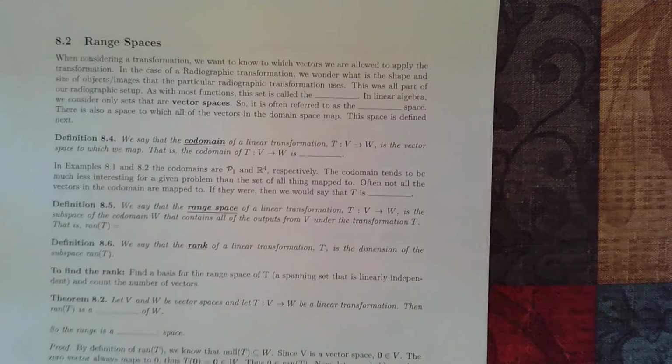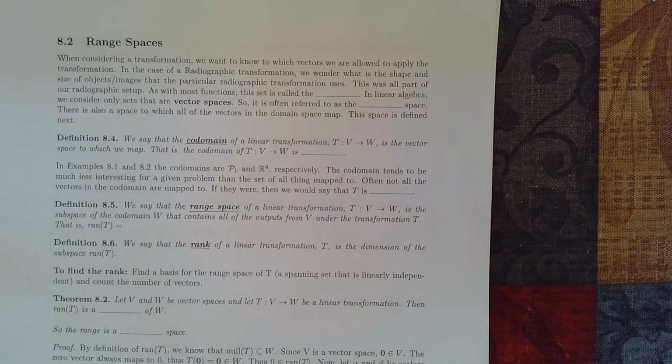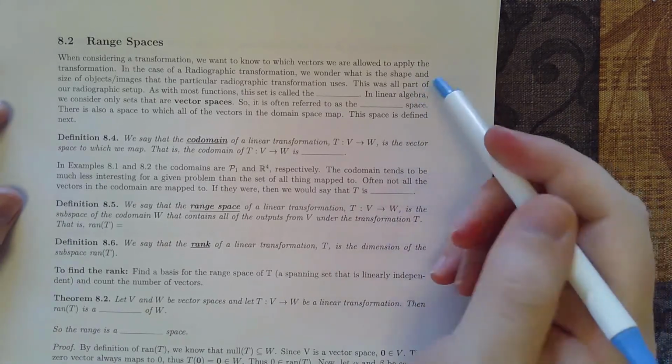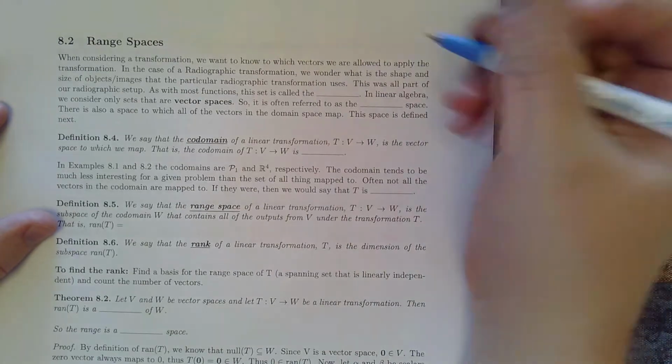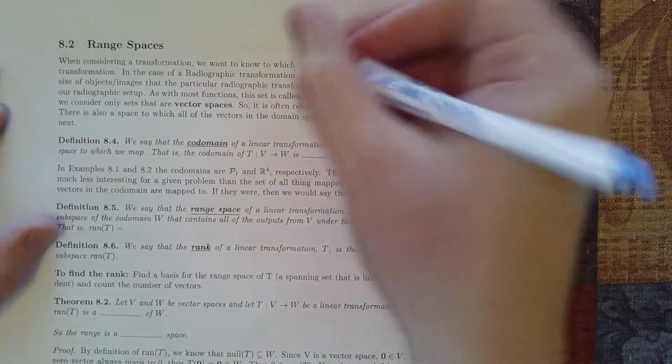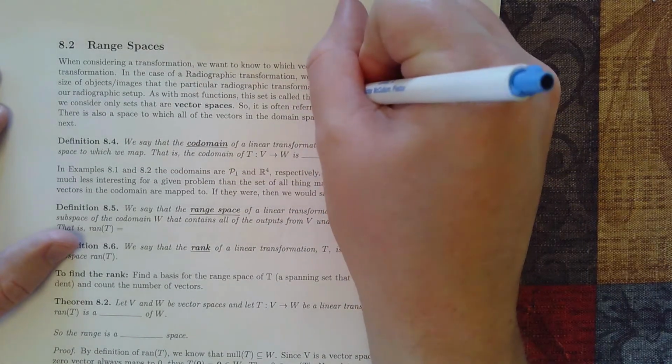We also have the idea of what's known as a range space. So we also want to know which things we could possibly get out as outputs. So when we're looking at this, with most functions, we have a set that we have objects coming from, which is our domain.